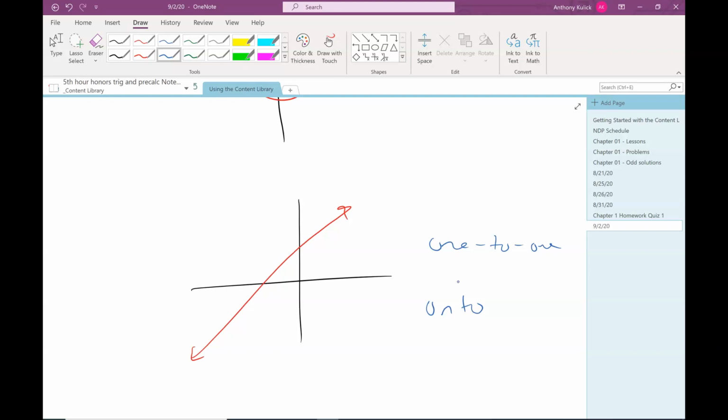So even if there's a gap in the range, it doesn't necessarily mean it's not onto. Really, when we're just drawing the graph of the function, we're eliminating a lot of information that you would need in order to determine if something is actually onto or not. So it's not really a question that I would ask you from just a graph.